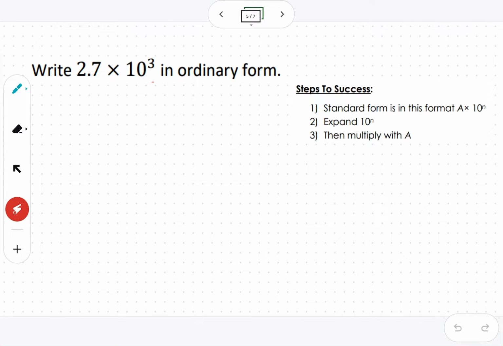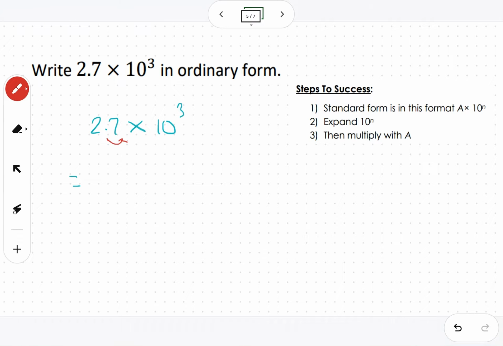2.7 times 10 power 3, but this time I'm going to use another method, that is moving the decimal point. As this is power 3, positive 3, you are expecting this answer to be bigger, larger than 2.7. Since we are using the moving decimal point method, we move the decimal point to the right, because it will make the number bigger.